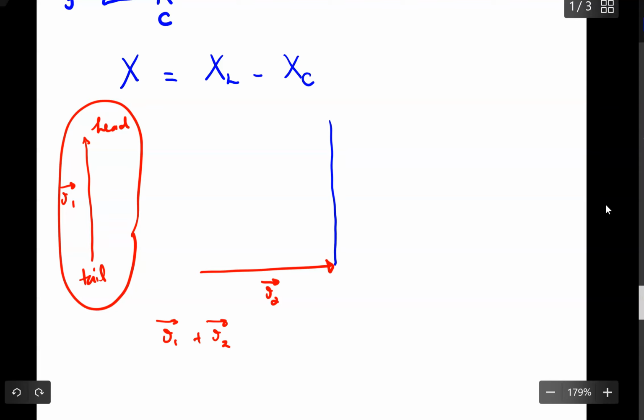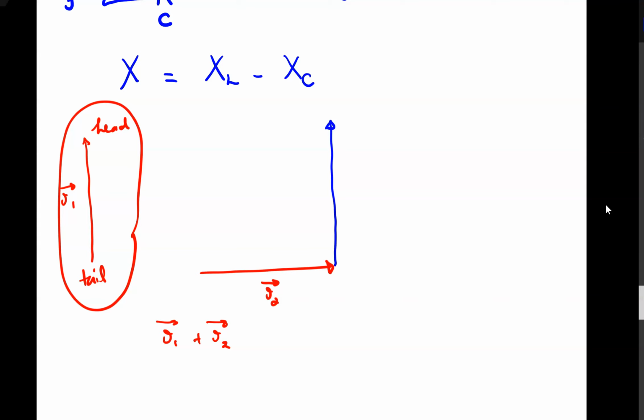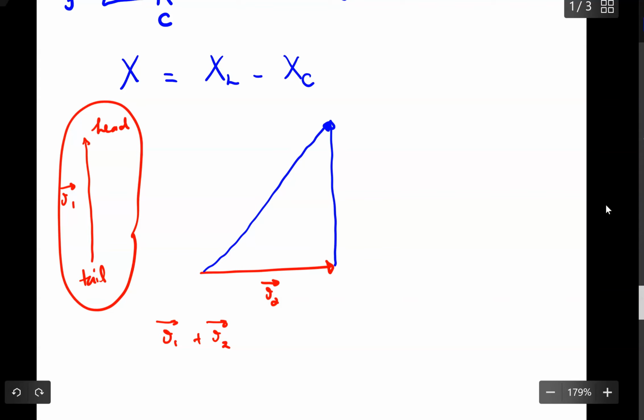So the resultant vector V1 plus V2 in this case will be connecting from the tail of the second vector to the head of the first vector. So this one will be my V1 plus V2.